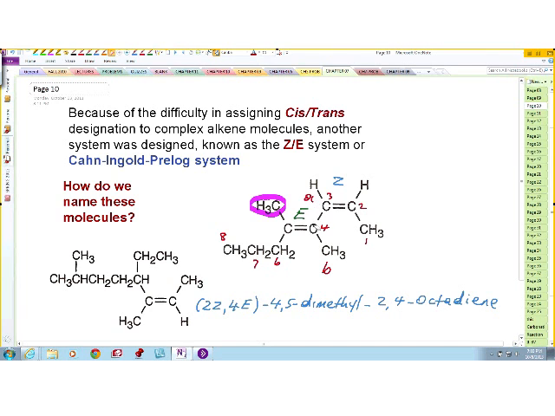Which priority is A and which is B, right? We say this group here is A. And this here, we say this is A. And here, this methyl is B. You see why? Okay, that's right.